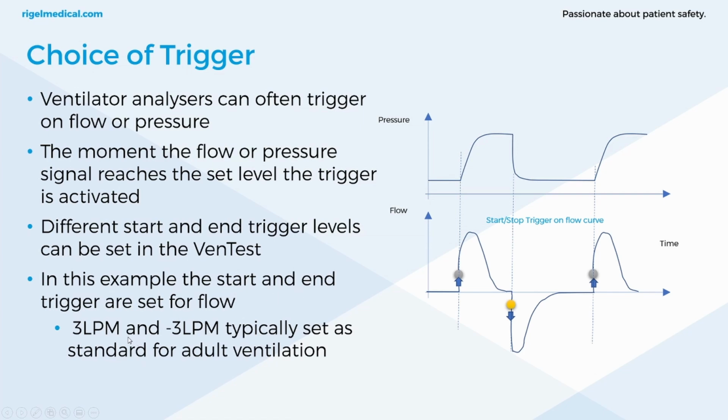So 3 litres per minute and minus 3 litres per minute, typically set as standard for adult ventilation. And here we've got the start and end points at this point of the rising time, so you're capturing everything within the breath cycle. But you could also set it on the pressure. So if the pressure was set for the trigger, then you can use that as well with most ventilator analyzers.